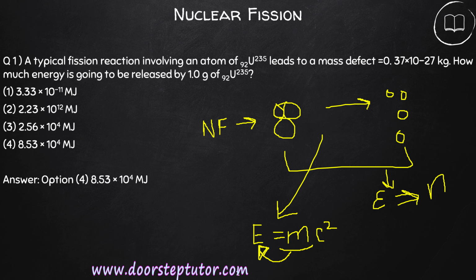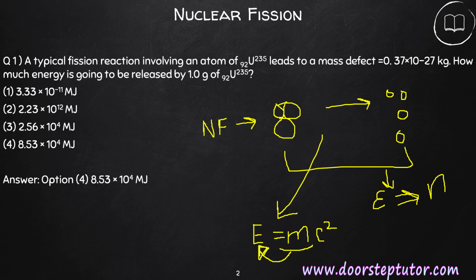So basically, what is nuclear fission? Let's discuss this very briefly. Nuclear fission is a radioactive decay of heavier nuclei into lighter nuclei, and this reaction produces energy in the form of neutrons.